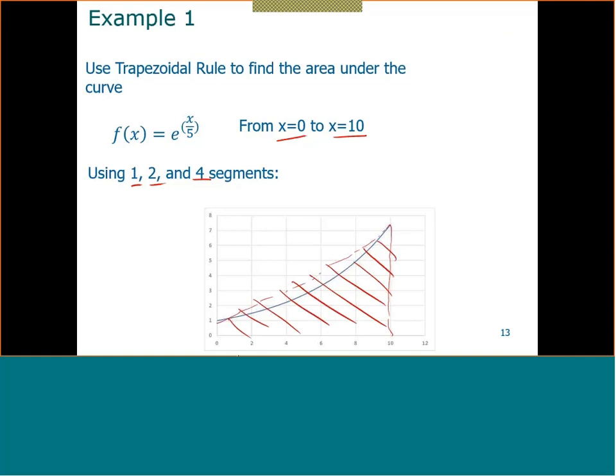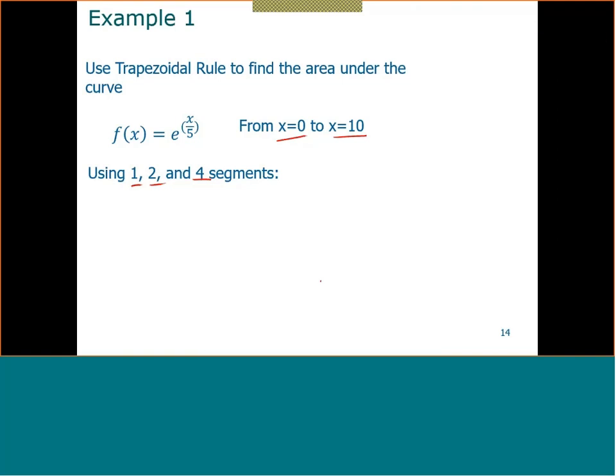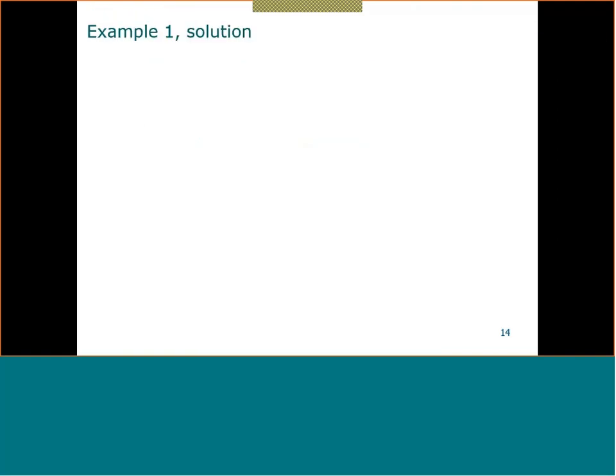Now for n equal to 2, this is at 5. I will have one trapezoid here, another trapezoid here. You can see that there will be a significant reduction in the error as we move on. So let's start with n equal to 1.